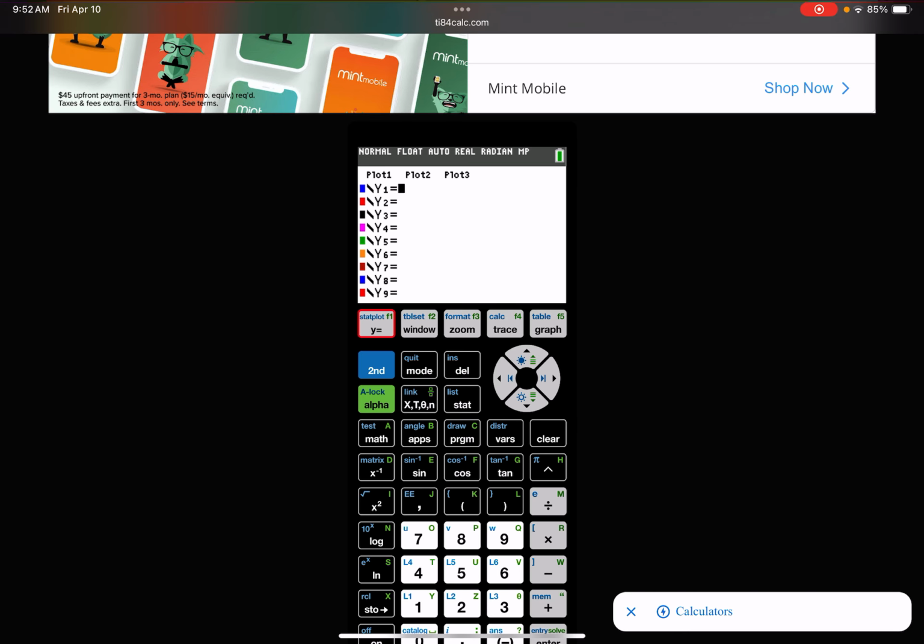Okay, so we're going to go to y equals. And in your graphing calculator, if you need to get to a cube root, you go to the math button. And then you go down to number 4 where you see the 3 and then the root symbol.